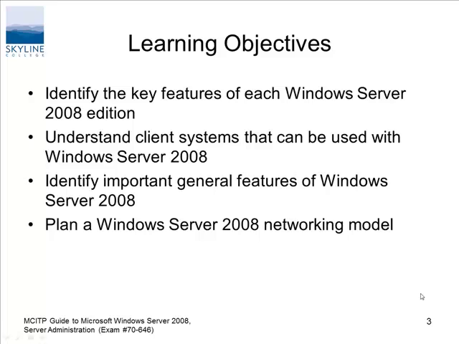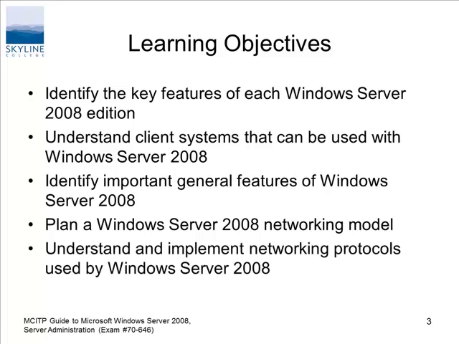Okay, plan the 2008 network model. Implement networking protocols. This particular one's got a number of slides on networking protocols that I'm going to click through because you already had networking twice and routing twice, so you should have an idea of what the networking protocols are.